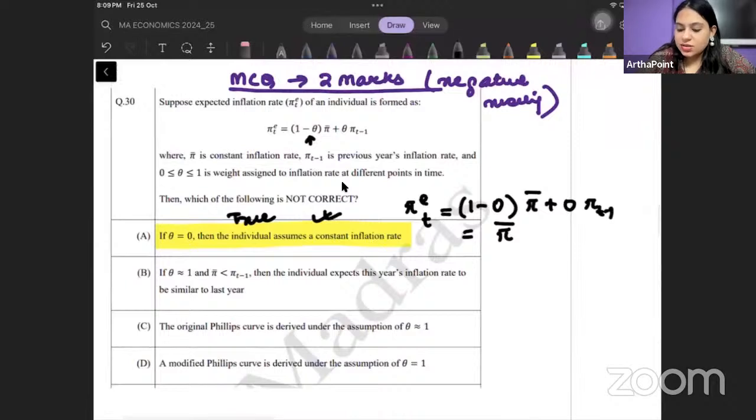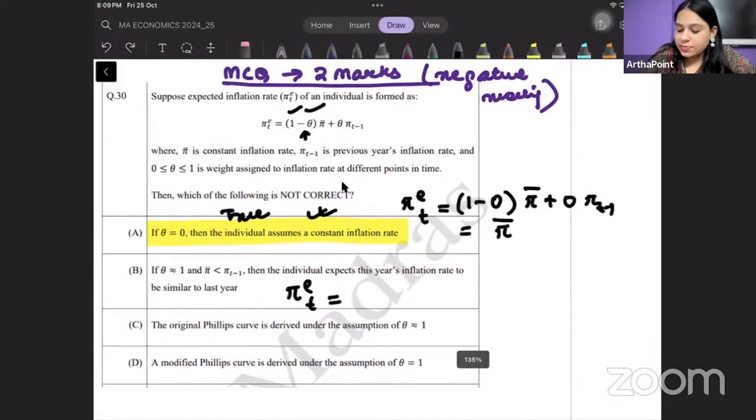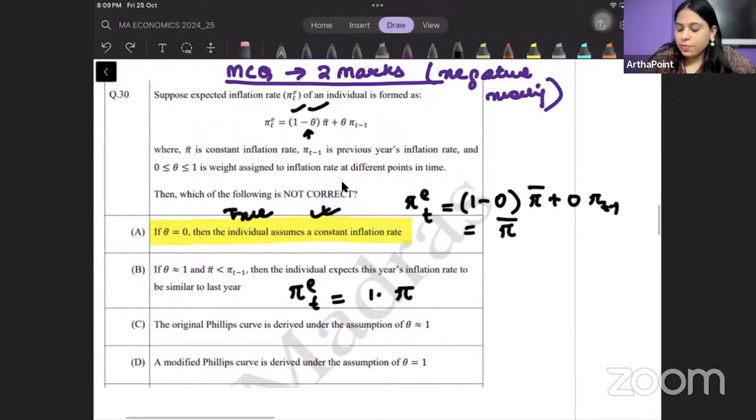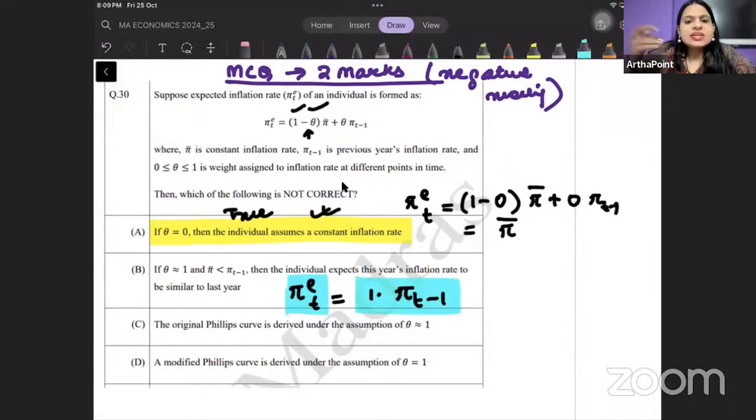You will get pi e_t, 1 minus 1 will be 0, is equal to, theta की जगह I will get 1, into pi t minus 1. That means your expected inflation is equal to last year's inflation. इस ईयर का एक्सपेक्टेड इन्फ्लेशन लास्ट ईयर के इन्फ्लेशन के इक्वल है. So this is correct. This is true.